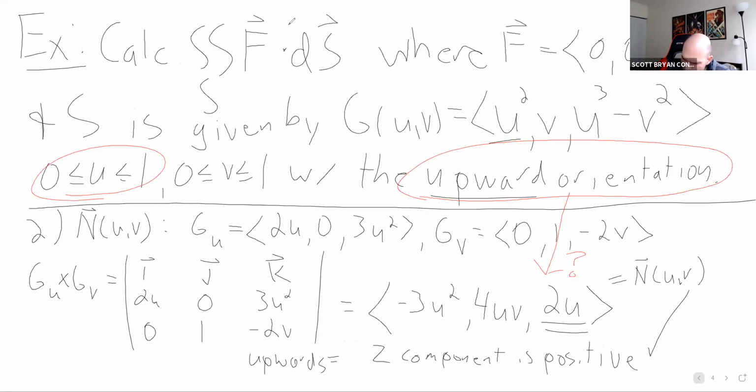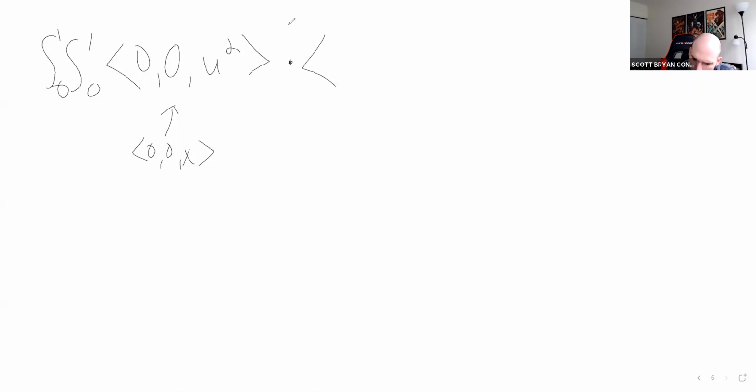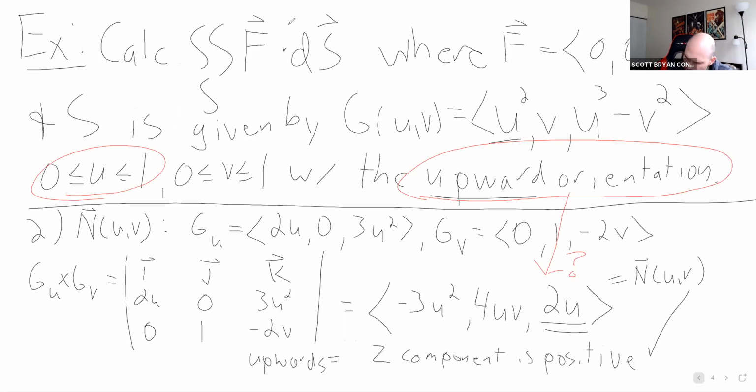And then we dot that with the normal vector, not the unit normal vector, but the n which we said was negative 3u squared, 0, 2u for uv.